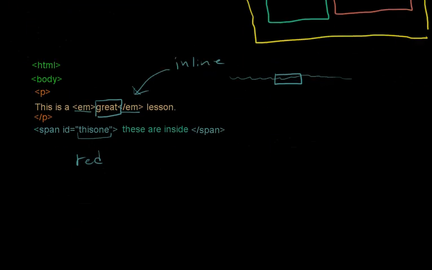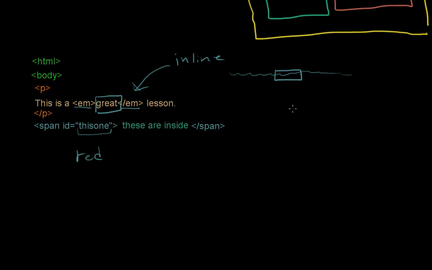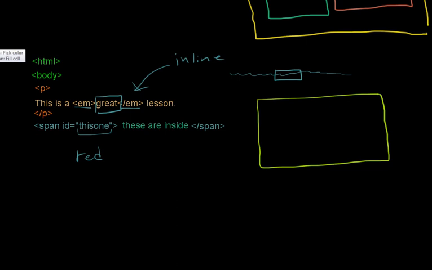And then on the browser screen, which I haven't even drawn yet, we would see, hopefully I can actually draw this, this is a, and then it would be bold or something, great lesson. I don't actually have a bracket.